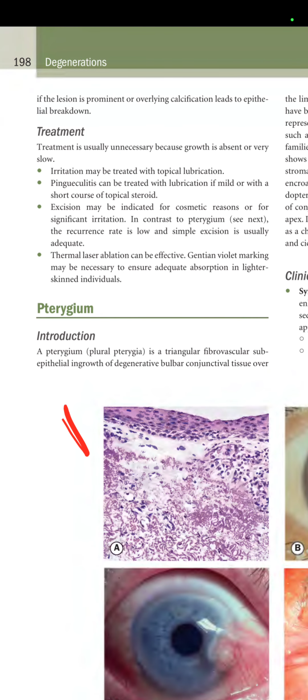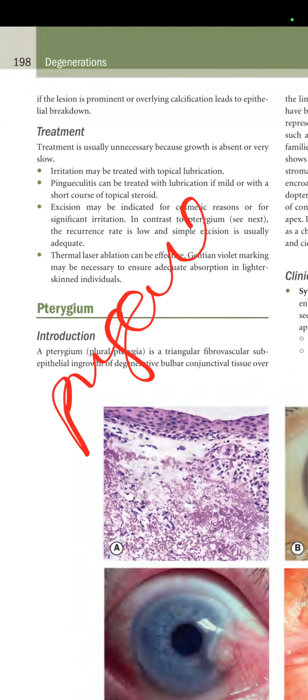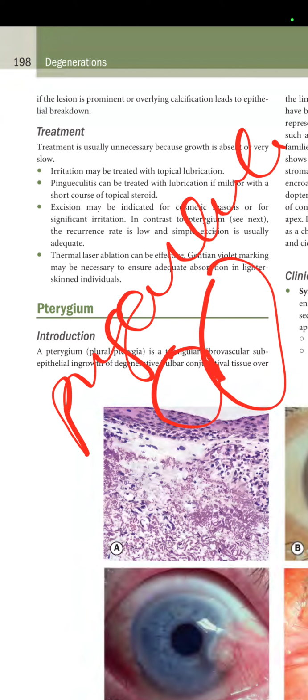So basically, the pinguecula is a nodule around the limbus, but it does not proceed onto the cornea like a pterygium. That is one of the distinctions between the pinguecula and the pterygium, and it also has calcifications in it.